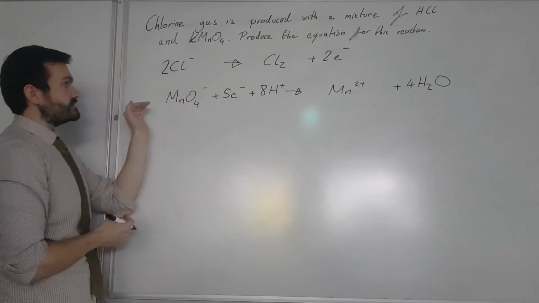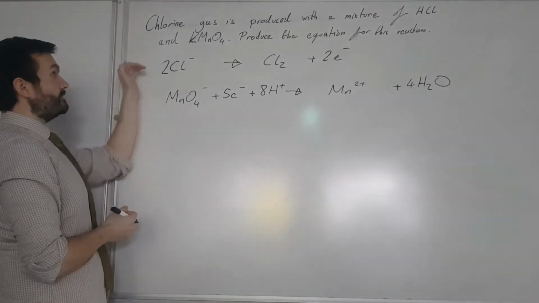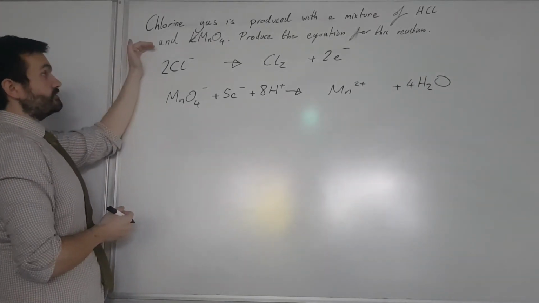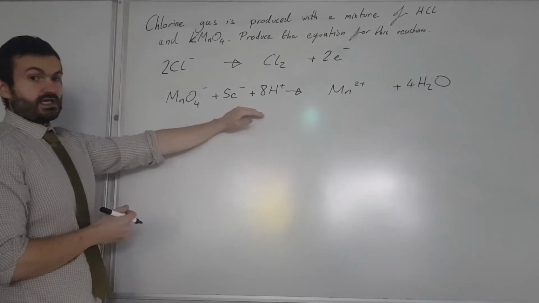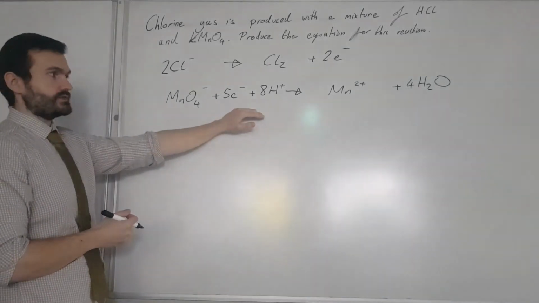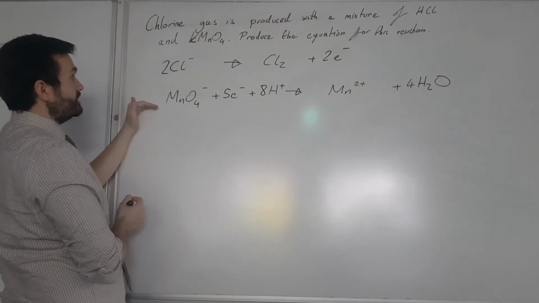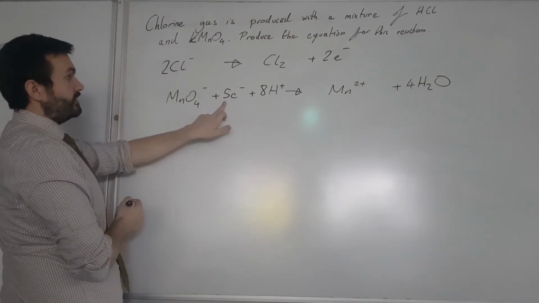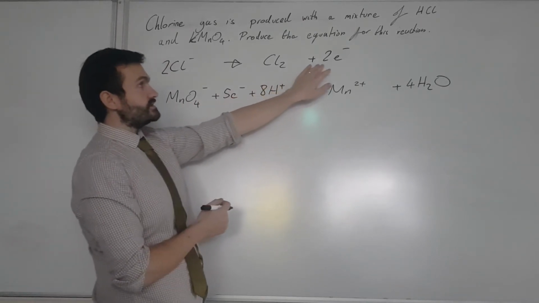So we actually have 2 complete half equations. We now need to combine these half equations to produce the final equation. They need to have the same amount of electrons on both sides. So I'm going to multiply this by 5 and this by 2.